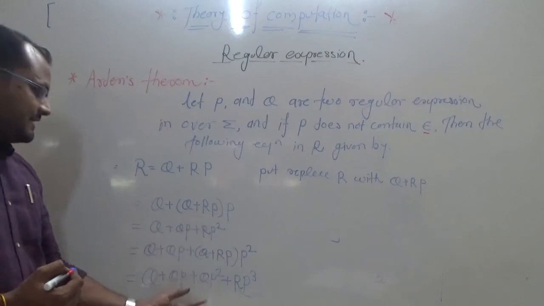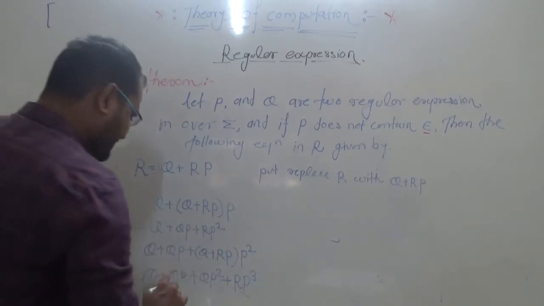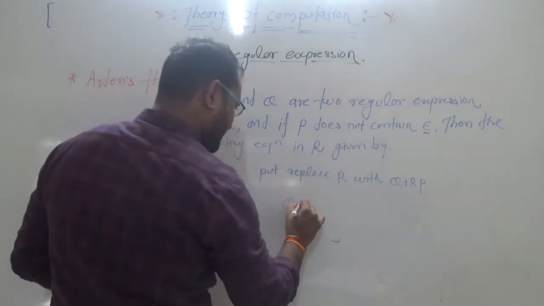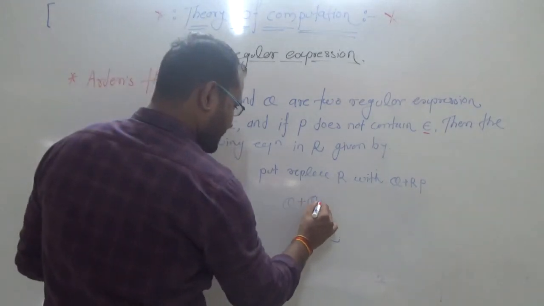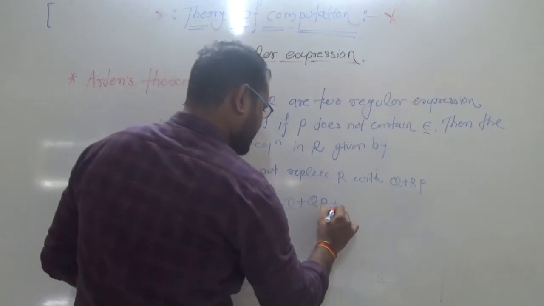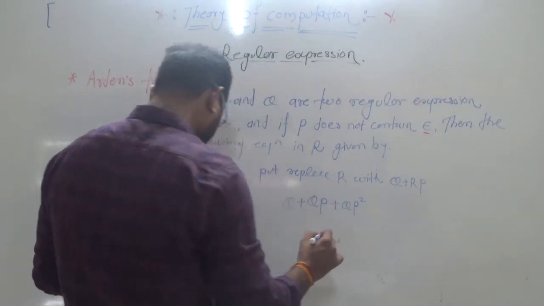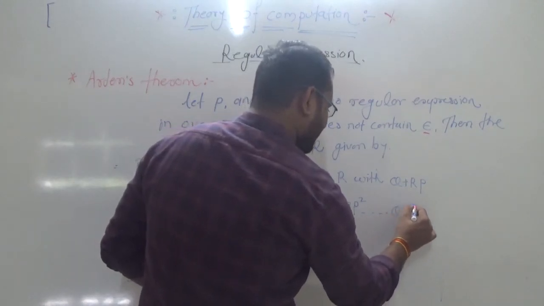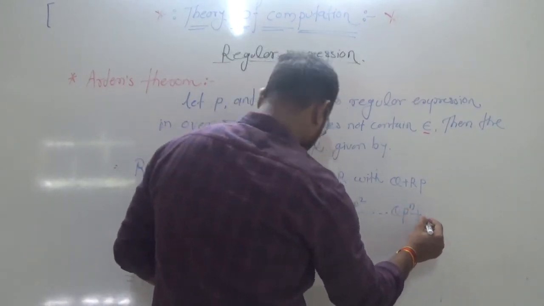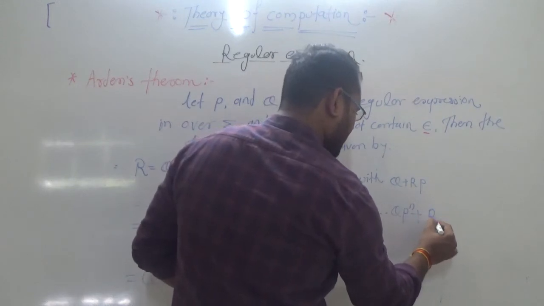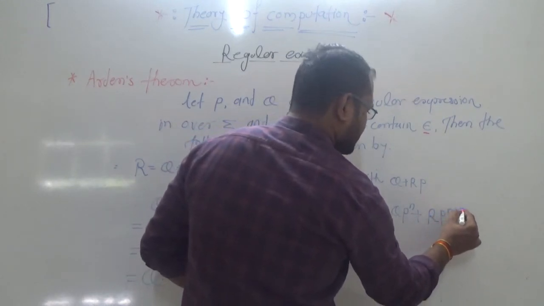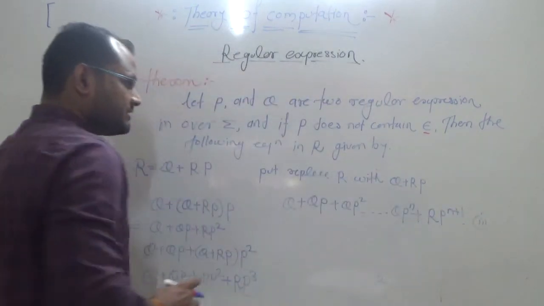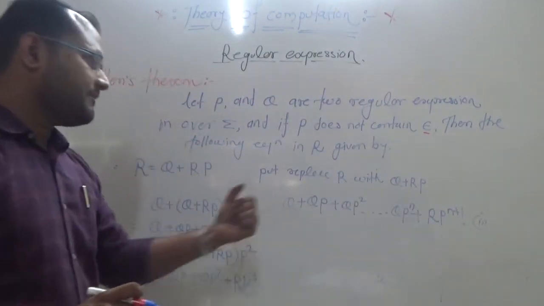Whenever we put R into that equation, we get like that: Q + QP + QP squared, and so on up to QP^n + RP^(n+1). We will get this equation for n number of times.